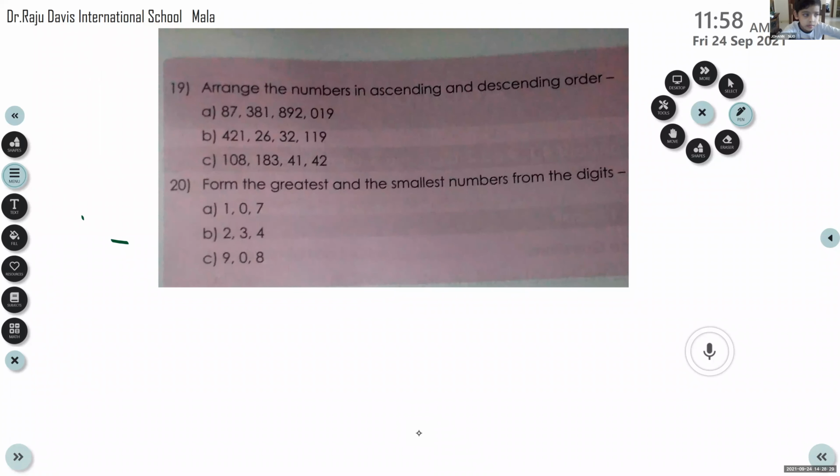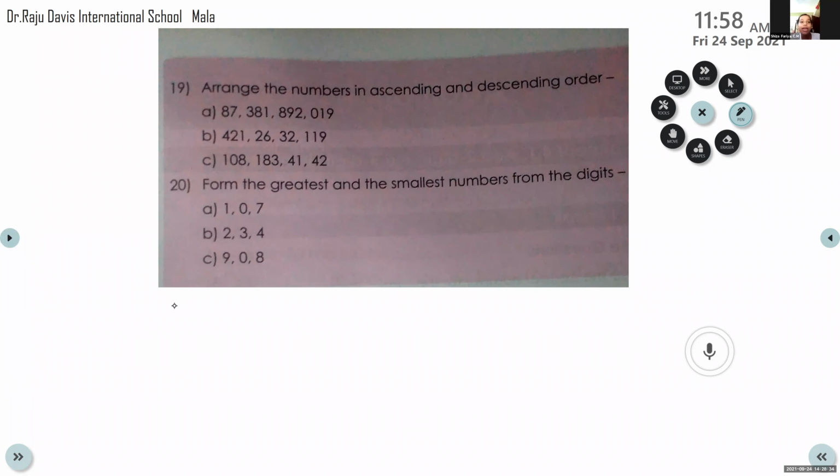Ma'am, I don't have my book bag. It's at my sister's house. Write in your notebook or rough book, whatever you have, and note it down. Okay, dear. So ascending order. First question, let us write the ascending order.